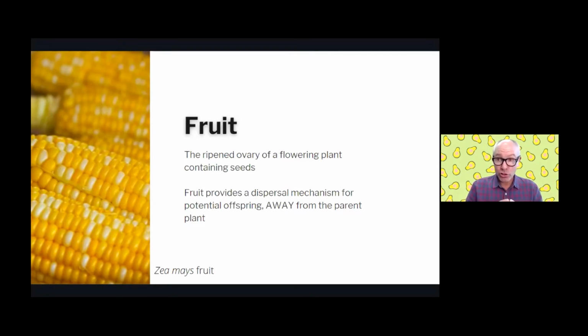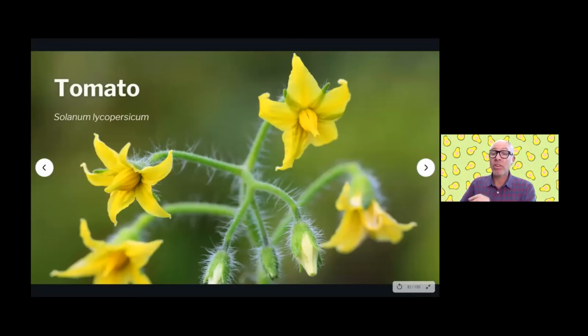Fruit also most often make some provision for the dispersal of that seed somewhere away from the parent plant. So getting the seed ripe and safe and somehow sent out into the world. That is the definition and the function of the fruit.